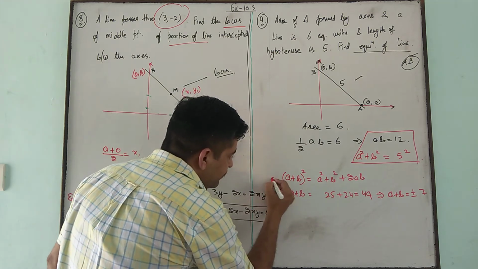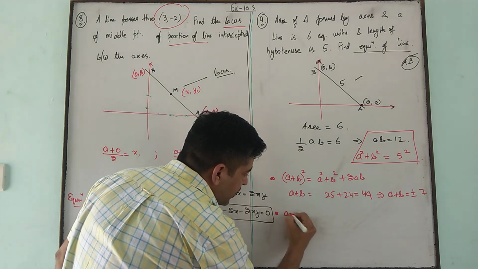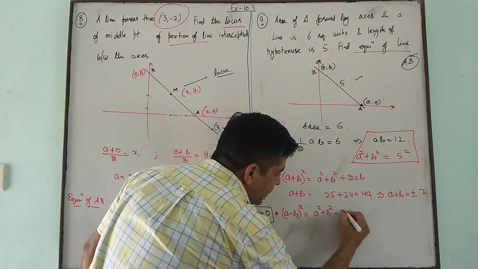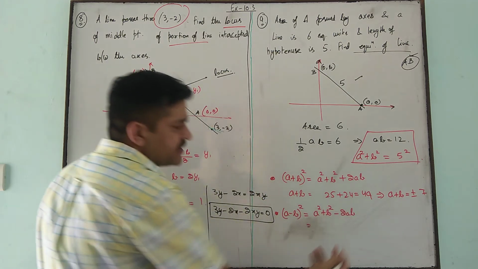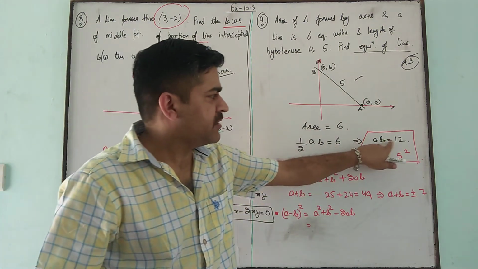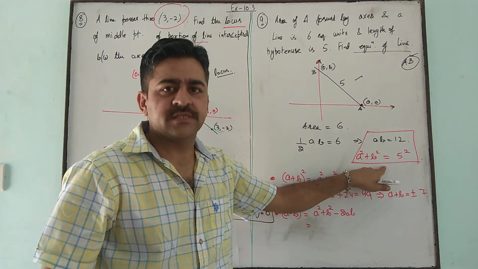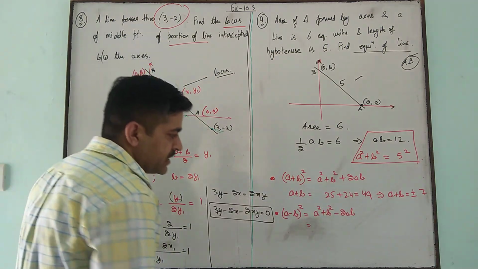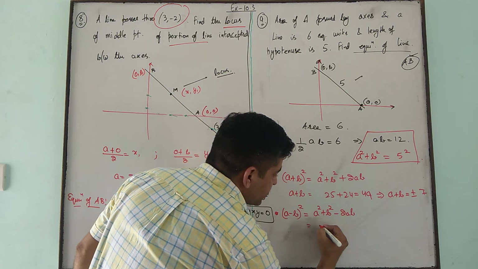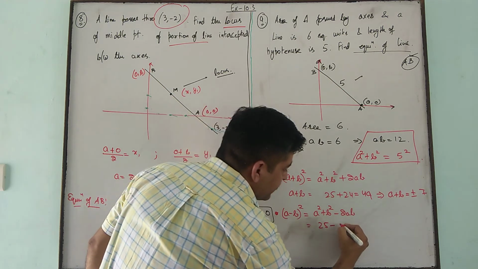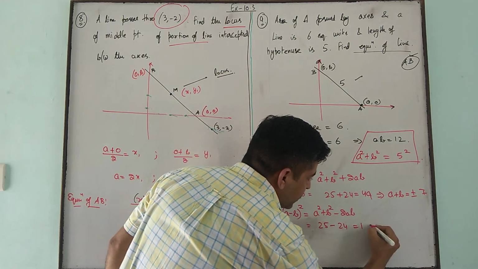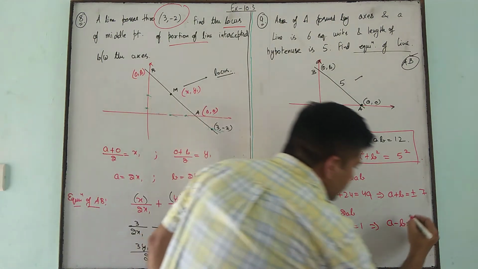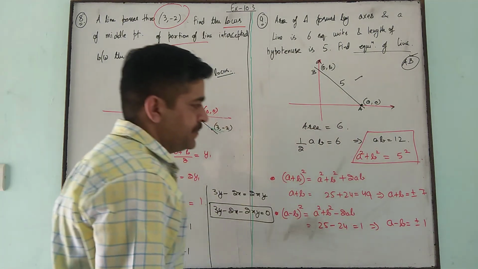Same way, second thing, (A minus B) whole square will be A square plus B square minus 2AB. We are using identities just to simplify; otherwise you can put the value of B from here to here, that is substitution. But with identities the calculations are simpler. So A square plus B square is 25 minus 2AB is 24, so we got 1, and A minus B is equal to plus minus 1.